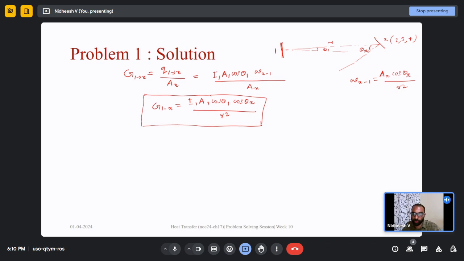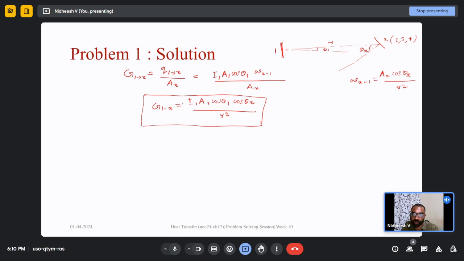This is cos theta 1. Okay, if it is confusing, this is cos theta 1, this is cos theta x. And let me know what theta 1 and theta x are in our case. Is that clear? Let me know if this part till now is clear for the audience.